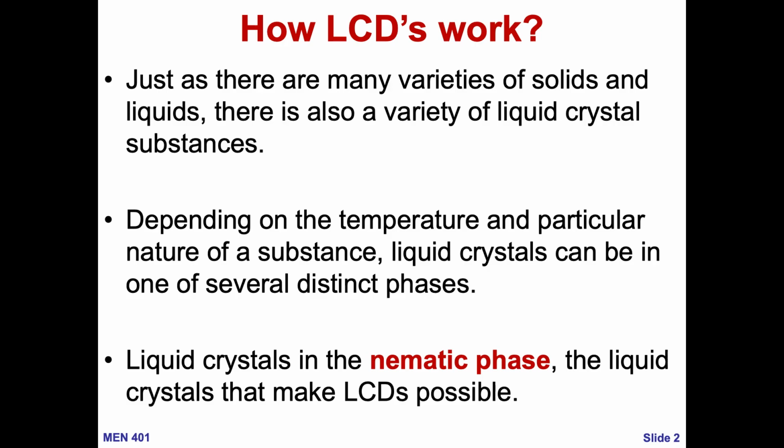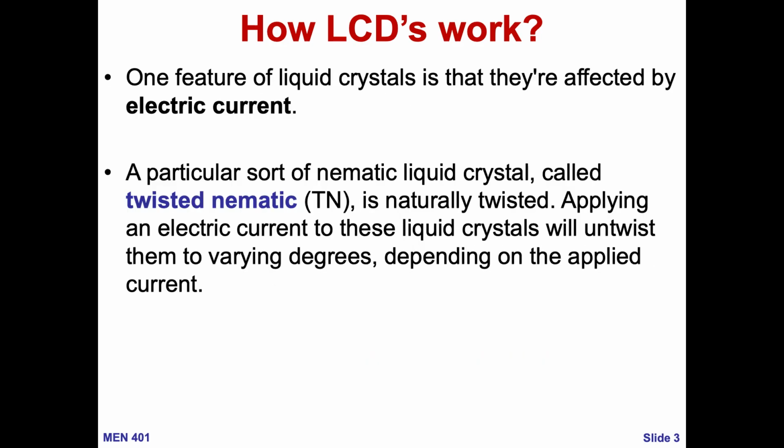When they are in this phase, what is important is that they can be twisted based on a certain electrical current. So when we apply this electrical current to these liquid crystals, we will untwist them to different degrees depending on the applied current. And this is where the whole idea of LCD comes from.